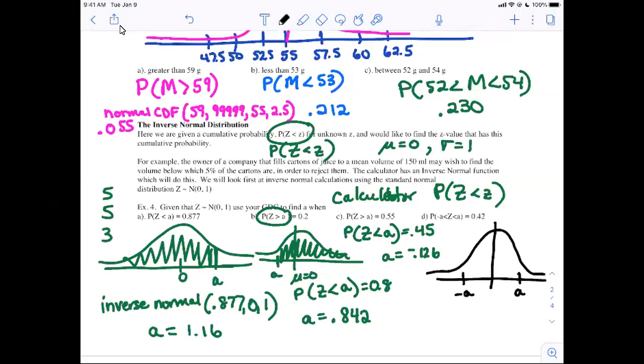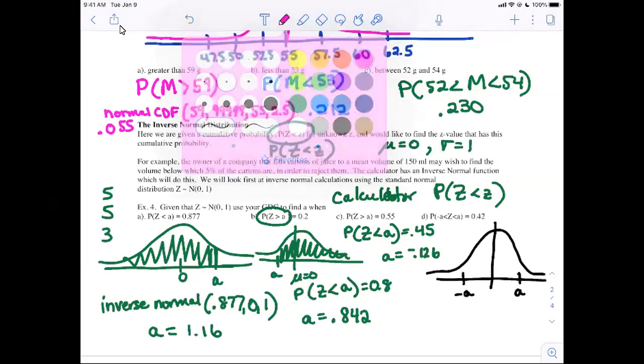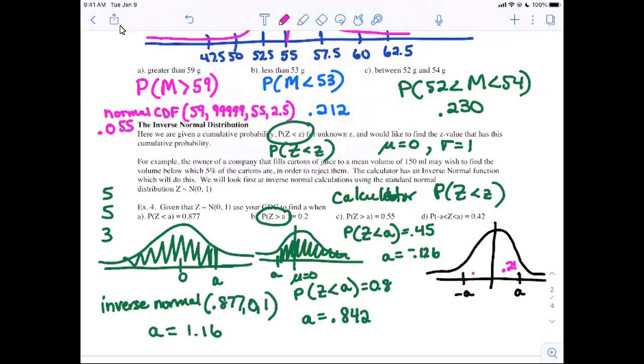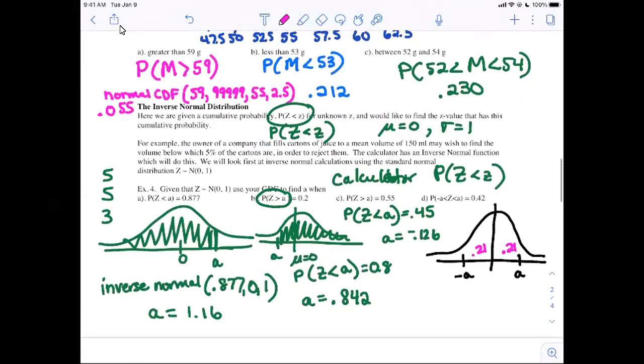So there is symmetry here, and this is 0.21 and 0.21. So wouldn't this then be the same thing as the probability of Z less than A is 0.71?